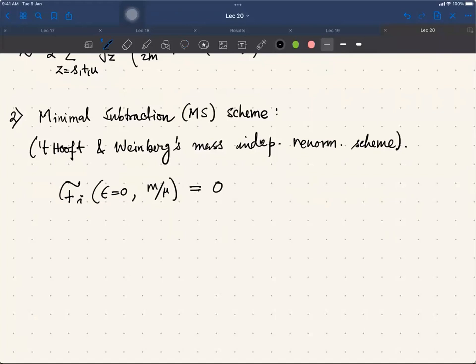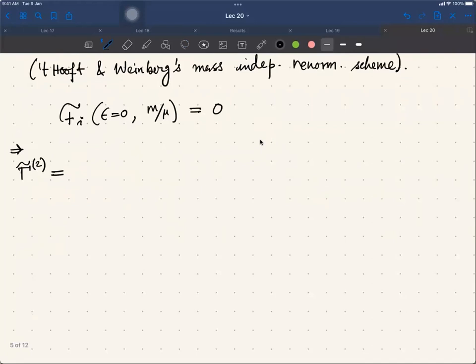So as a result, gamma tilde 2 will be given by p squared plus m_mu squared times 1 minus lambda hat over 2 psi 2 minus log m_mu hat. So m hat is also a function of mu, because m is the renormalized coupling.